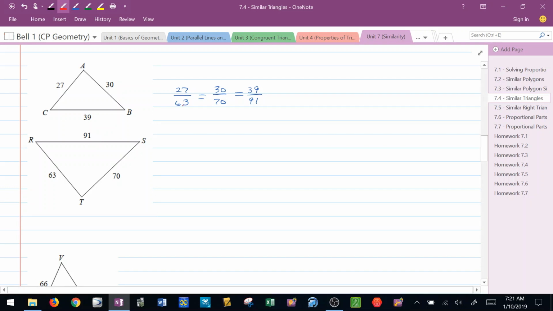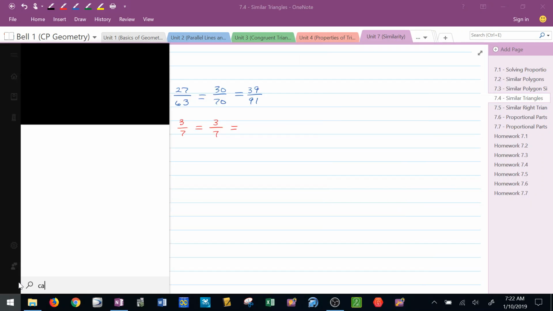I know 27 and 63, 9 goes into both of them, so this simplifies to 3 over 7. I know 30 over 70, 10 goes into both of them, so that gives me 3 over 7. Hey, we're looking good right now. If this third one can simplify to 3/7, then we have proportionality occurring. So let's see. I'm going to go and grab my calculator just to help me with the calculations here.